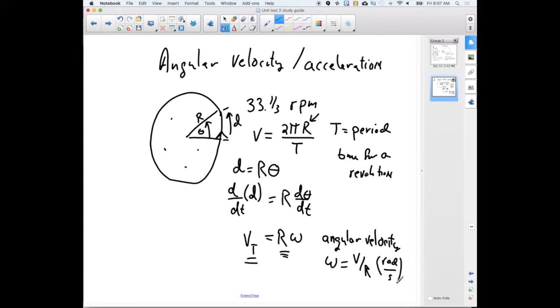And then we can play the same game and say that the derivative of v sub t with respect to time is r times the derivative of omega with respect to time. This is tangential acceleration, which is the radius times the angular acceleration.